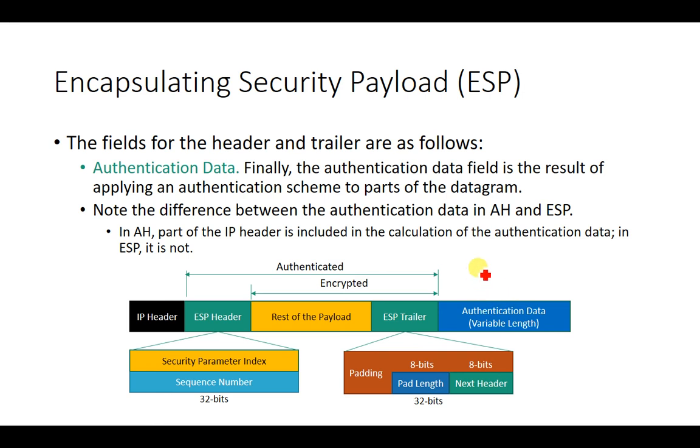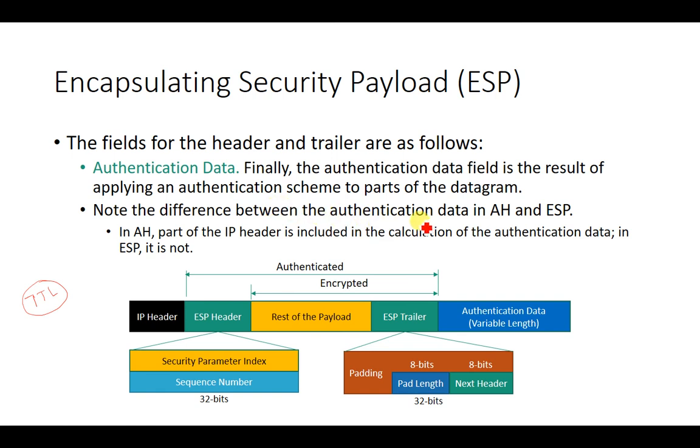If you remember, in the AH protocol we use the entire content of the packet excluding the values which change, like the time to live, TTL field. TTL is not included in finding the authentication data. Similarly here also, some part of the datagram is used, and that value will be stored over here.